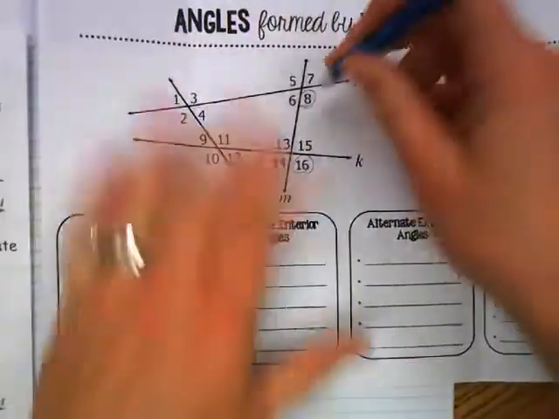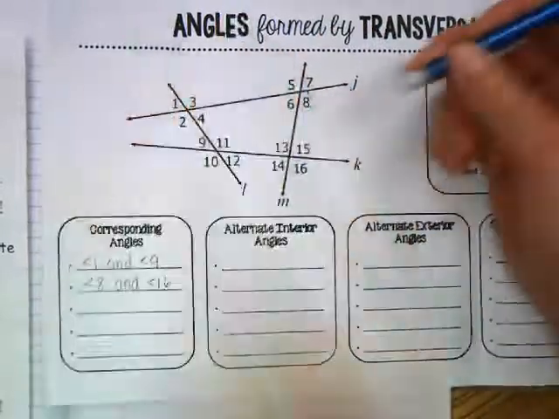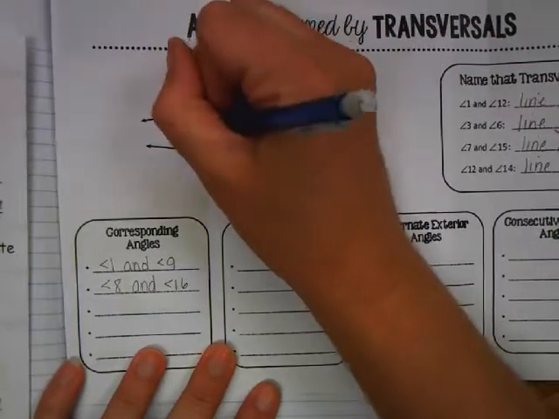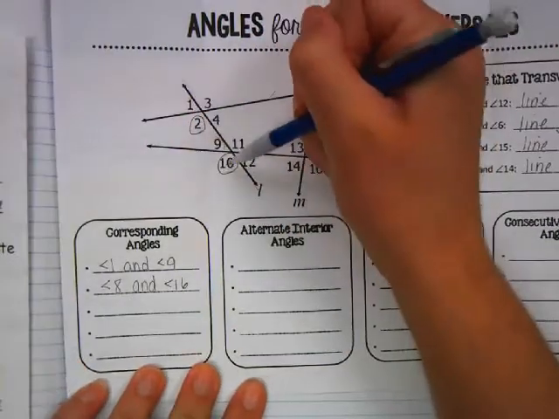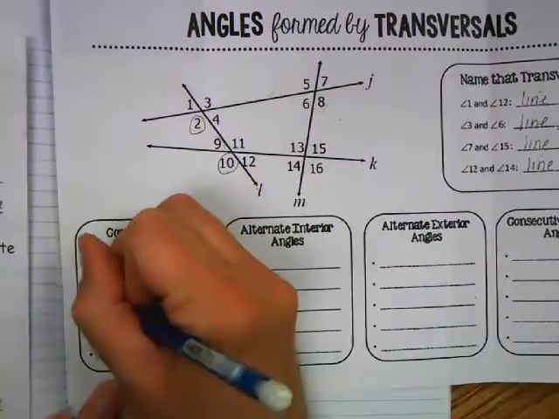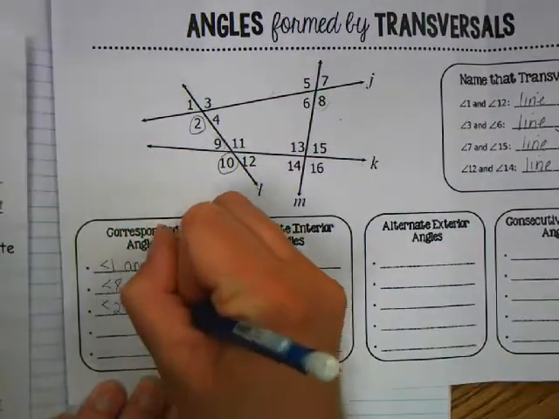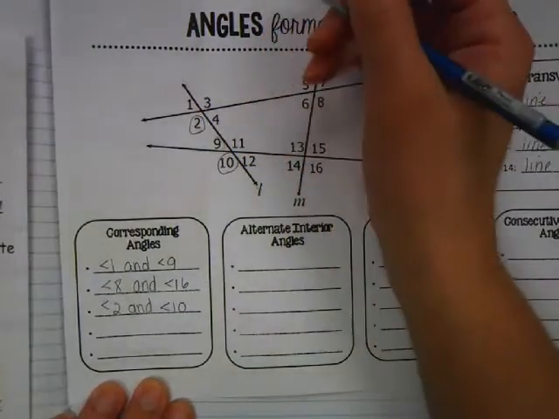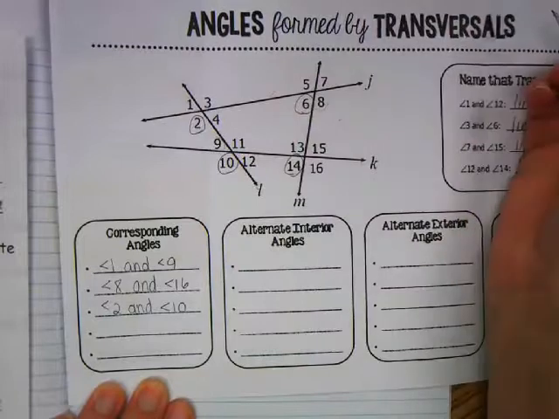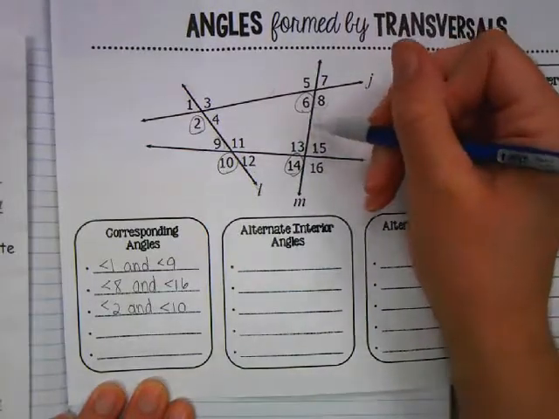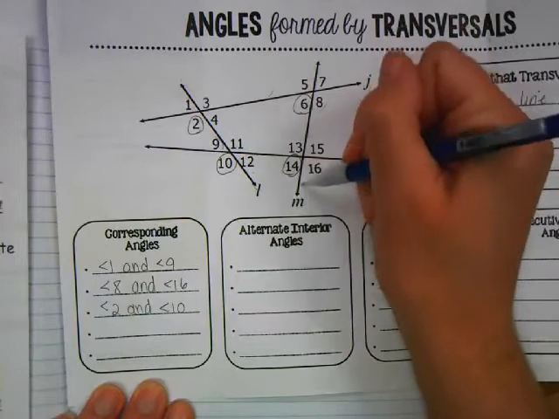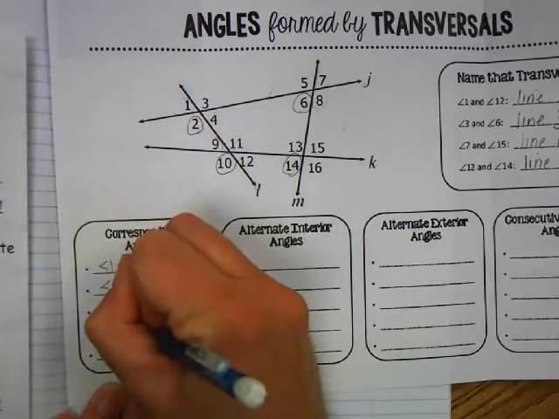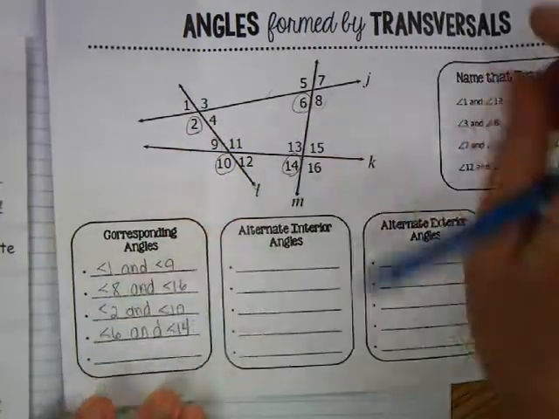I already used 1 and 9 and 8 and 16. So two other corresponding angles would be 2 and 10, because 2 and 10 are the bottom left. You could also say 6 and 14, because 6 and 14 are also the bottom left, but using transversal M instead of transversal L. So 6 and 14 would also be corresponding.